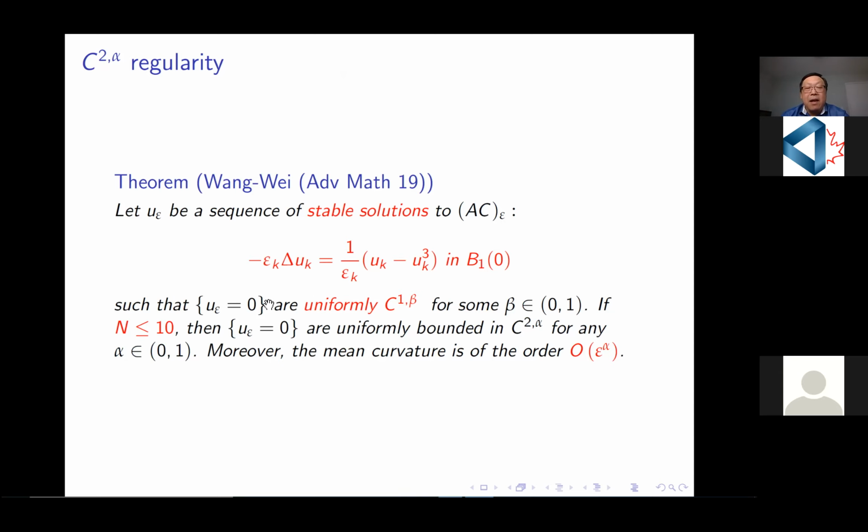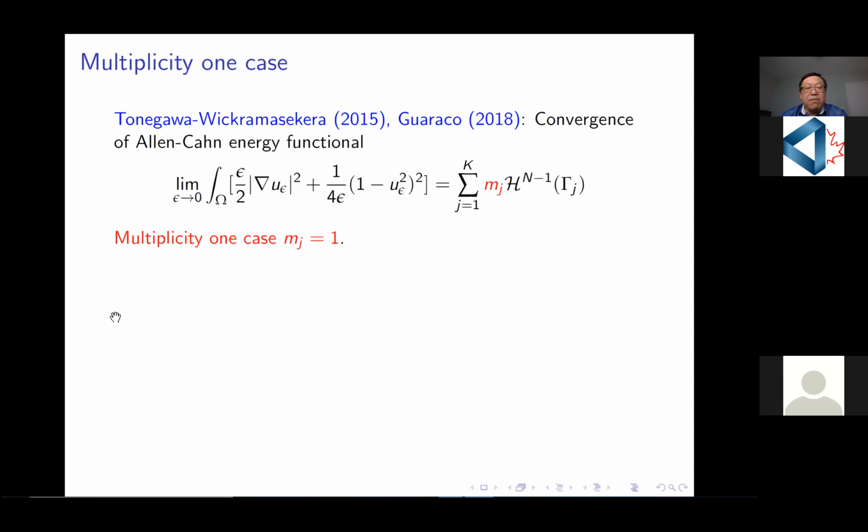Then if dimension n is less than or equal to 10, we have a C2 alpha estimate. And moreover, we can prove the mean curvature is of this order. So you see that from C1 alpha to C2 alpha, we need a dimension restriction, which is n less than or equal to 10.